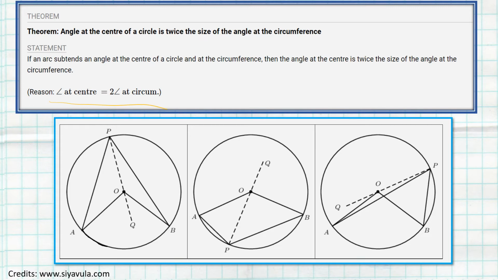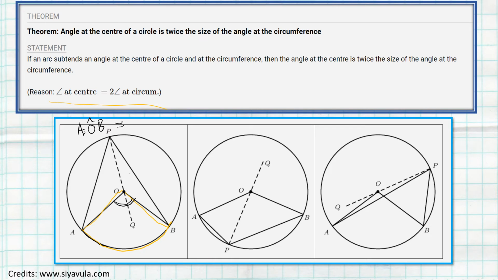As you can see, we have our arc AB, subtending an angle at the center. What is that angle? Let me write it: angle AOB, this angle.